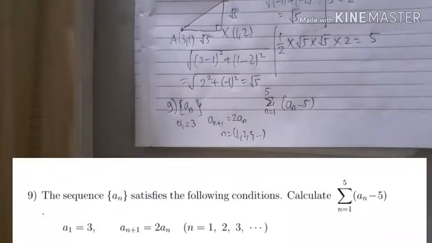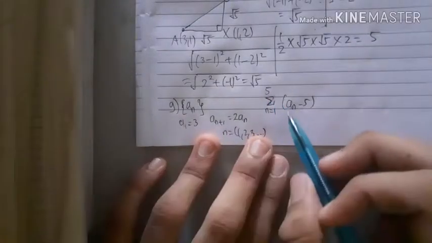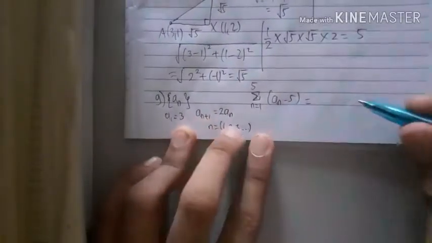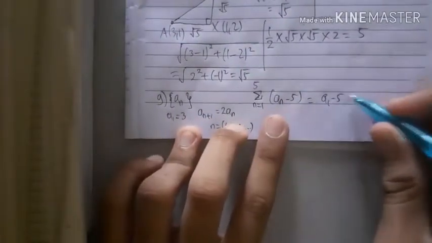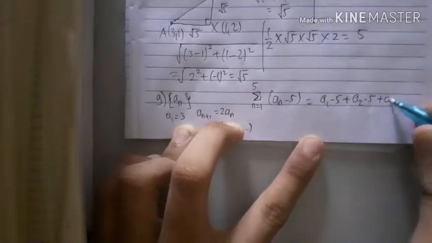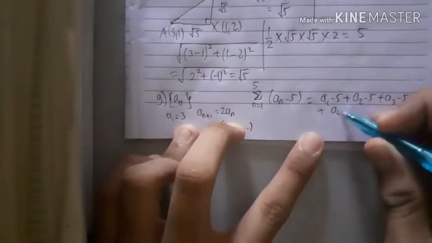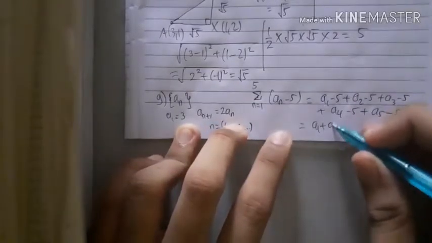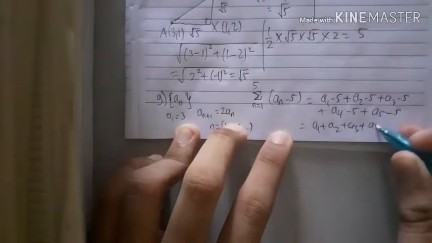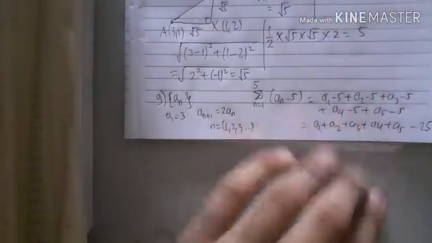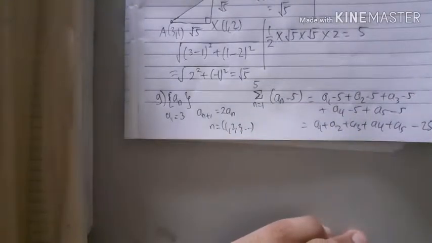Because this has a finite range, you just substitute n. So that is a1 minus 5 plus a2 minus 5 until a5 minus 5, which is a1 plus a2 plus a3 plus a4 plus a5 minus 25. So we just need to find the values of a1 until a5.